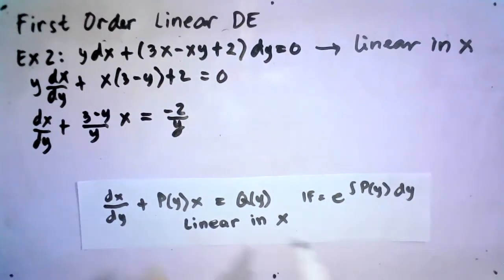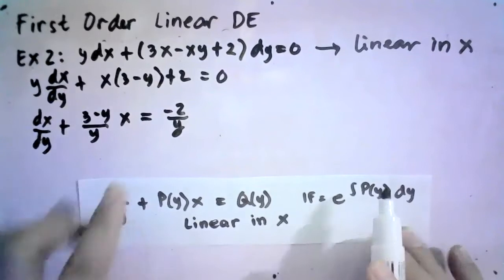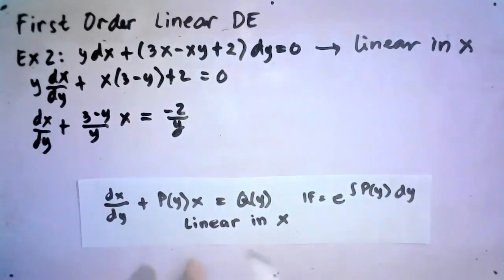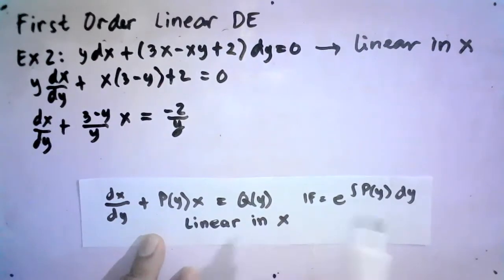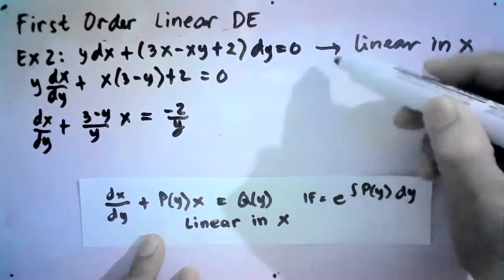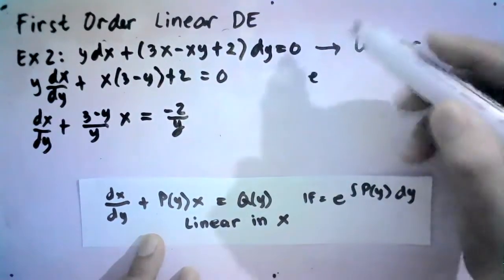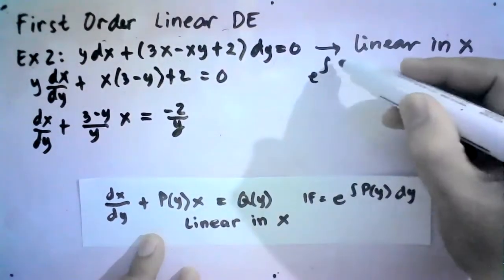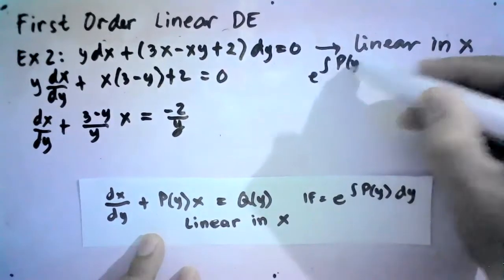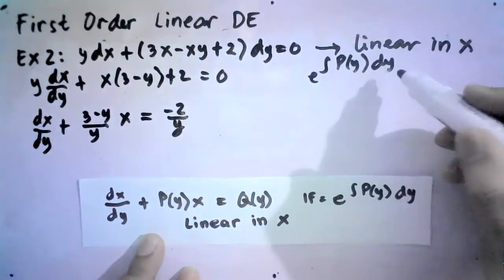This time, we will compute our integrating factor after we rearrange this in the form of this equation. So we will now find our IF, the integrating factor. The IF is e raised to the integral of P of y dy, so this is in terms of dy.